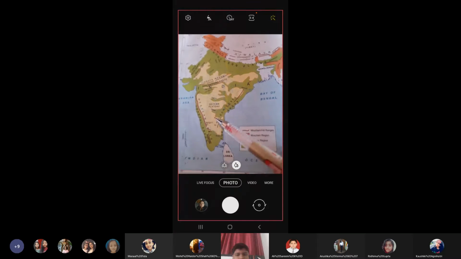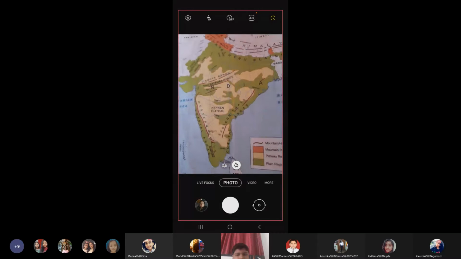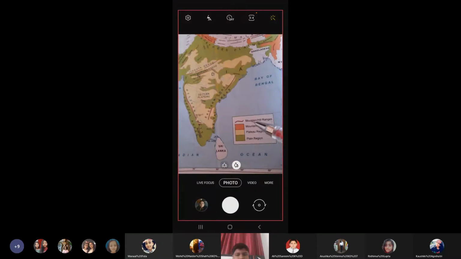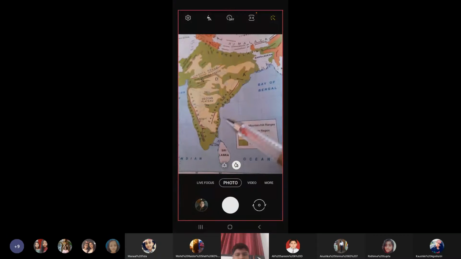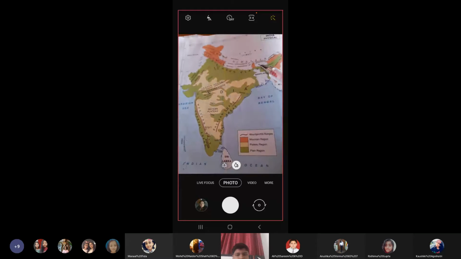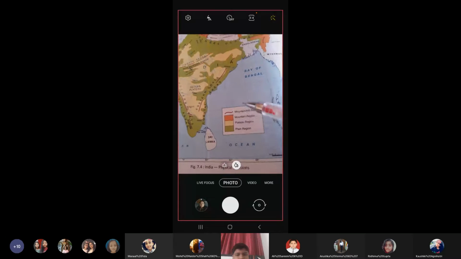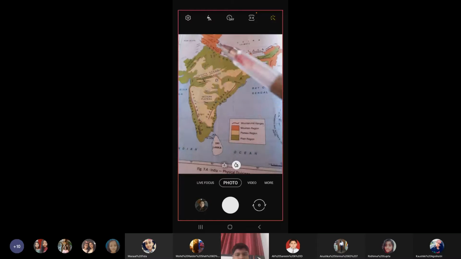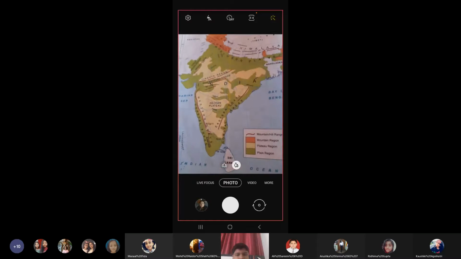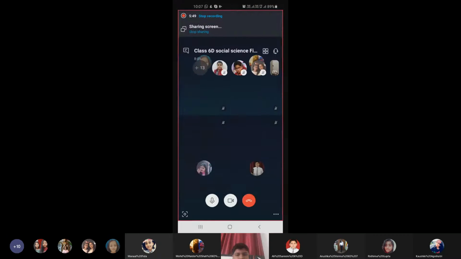So make sure when you're doing this, you do everything in a proper way, and then you write. Can you see these bold brown lines? These are the mountain ranges which are scattered all over. Clear? So this key is very necessary to tell what color signifies what area. Clear? That is why I want you all to do this. Am I clear till here?